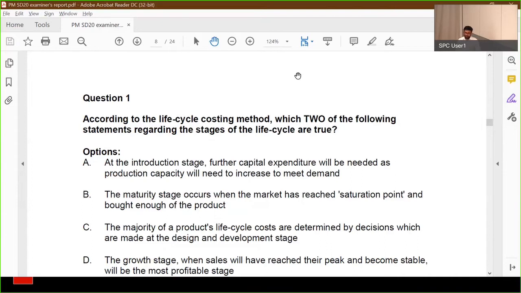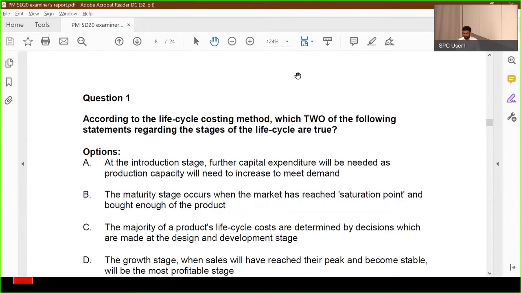The majority of the product's life cycle costs are determined by decisions which are made at the design and development stage. This statement is again quite straightforward and we know it is true. You might have studied this point in life cycle costing that whenever a company develops a new product, then almost 80 to 85% of the product life cycle costs are committed at the design stage.